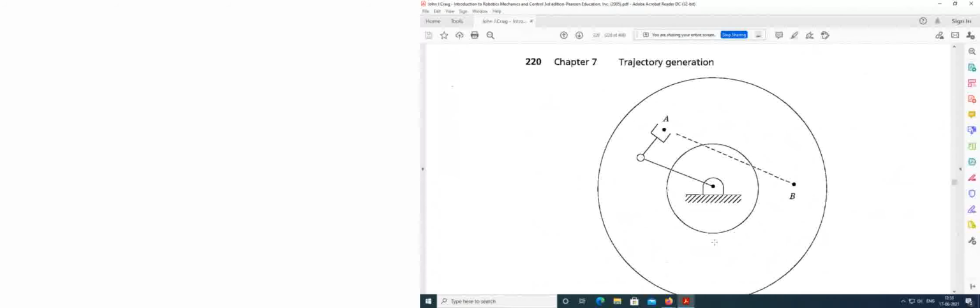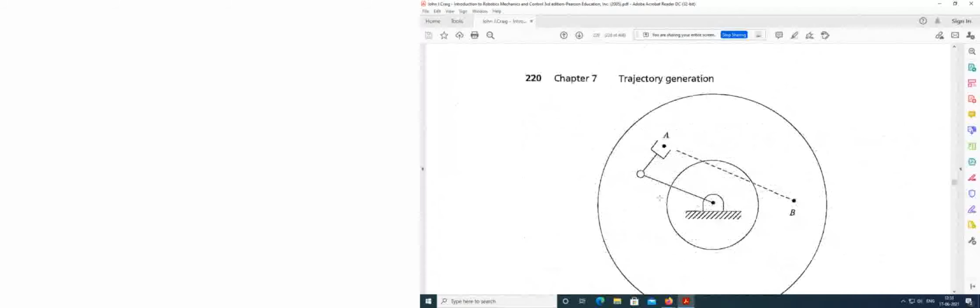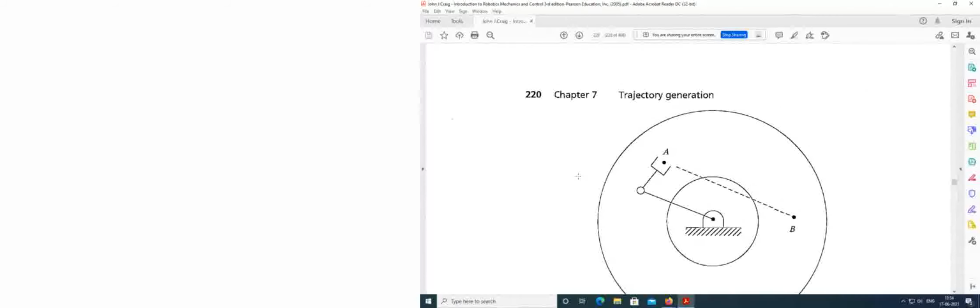So instead of going like this, you may have to go from here first to there, then from this point to this point, and then reach here. Accordingly, we can't decide the trajectory path just using theta naught, theta f, and tf. We have to decide with some intermediate points.